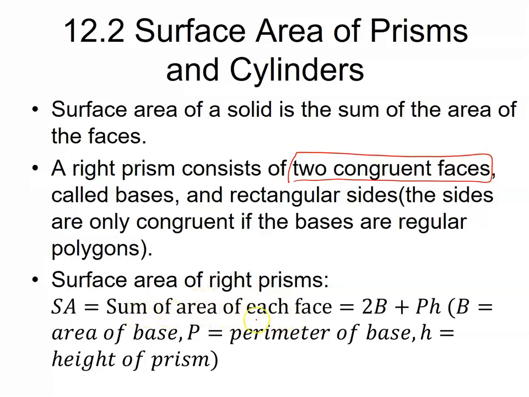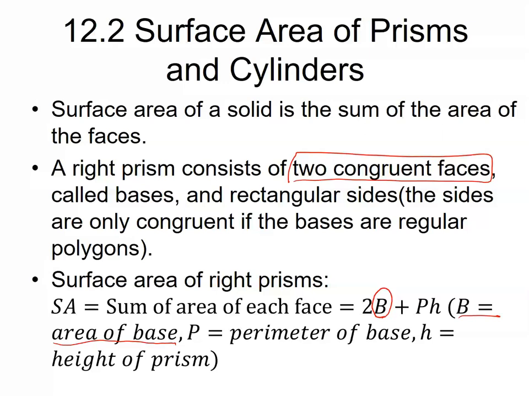So you can add up the areas. Now with prisms, what you could do is find the area of one of the bases. That's what this B stands for. The capital B represents the area of the base. There's not a set formula for how you find the area of the base because it depends on what shape it is.